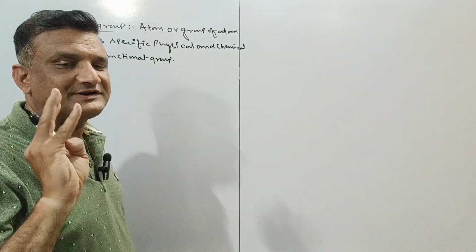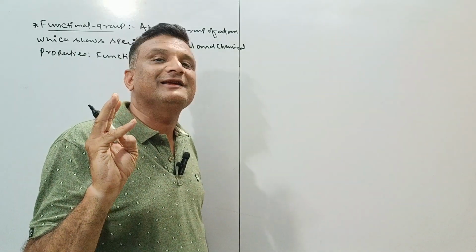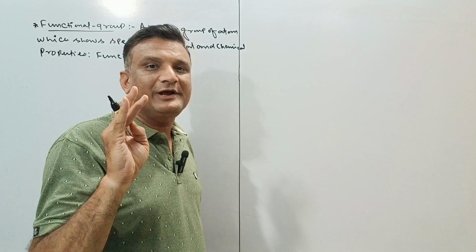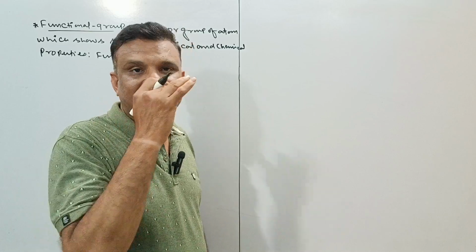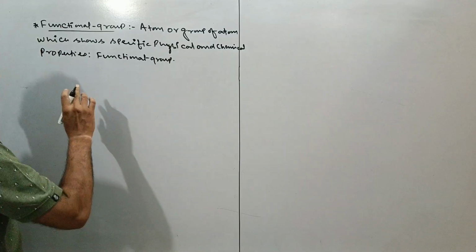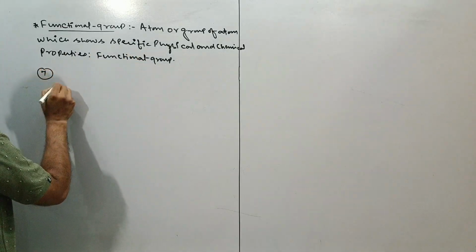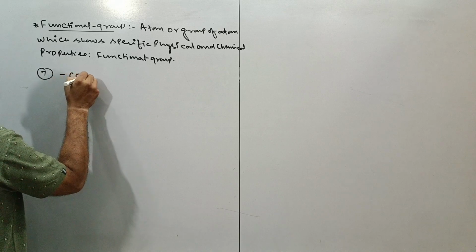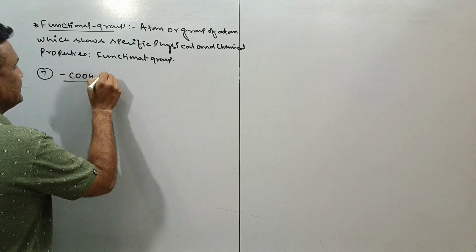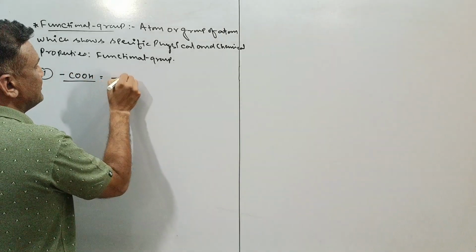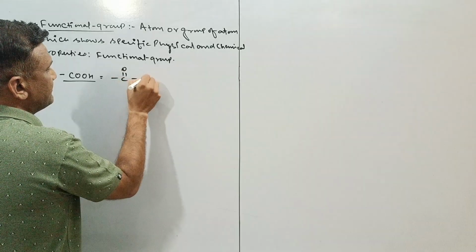In this sequence, first of all, we discussed alkane, alkene, alkyne, polyene, polyyne, and alkenyne as a group of six. Now we'll go with the first functional group, as the 7th sequential number, that is COOH.